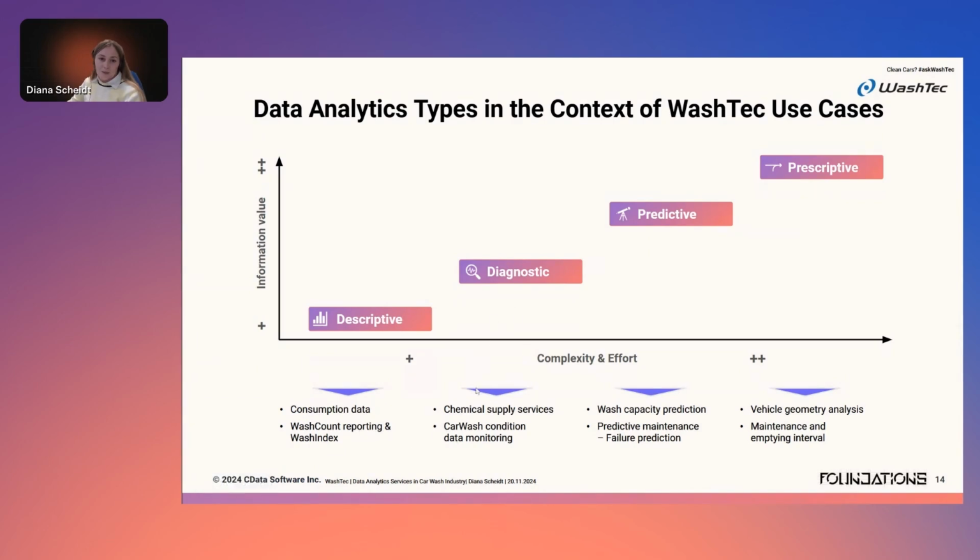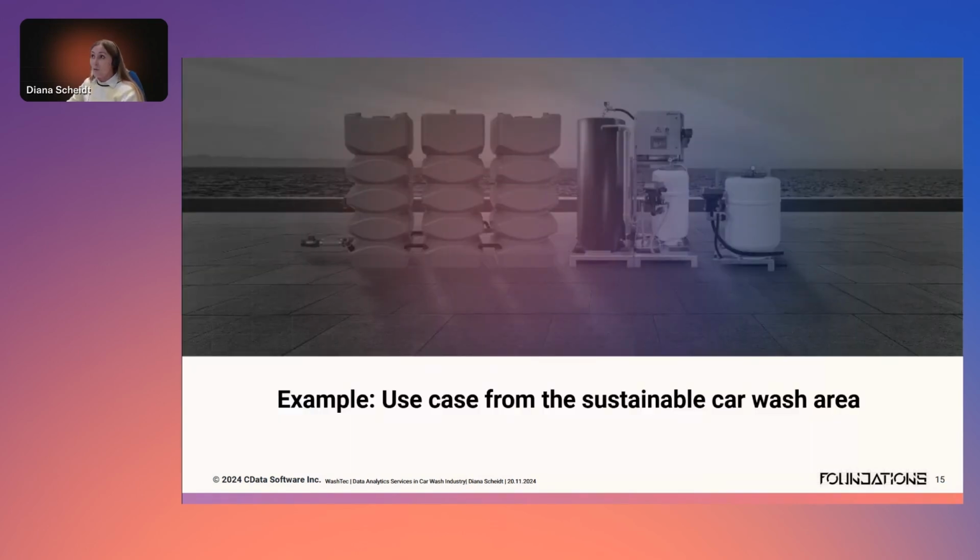We have chemical supply services or car wash condition data monitoring, but also predictive and prescriptive use cases. We have wash capacity prediction, as mentioned before, based on weather condition, but also, for example, predictive maintenance, failure prediction, and so on. It's just a few examples, but just so that you know which kind of use cases we can implement with this data. And here I will show you how we do it with CData Virtuality.